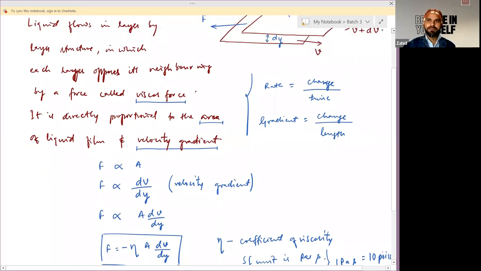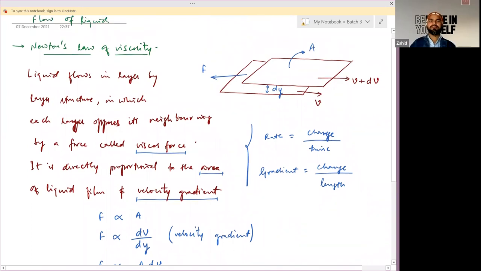First, write it down from this part. Okay.